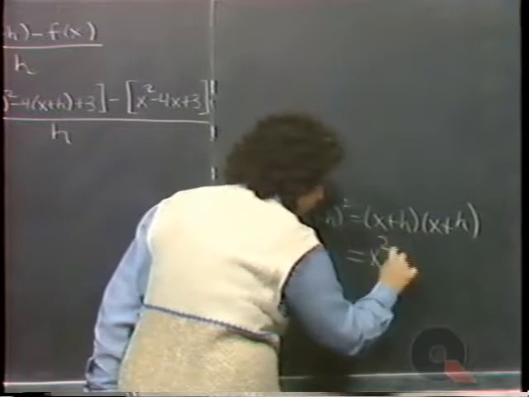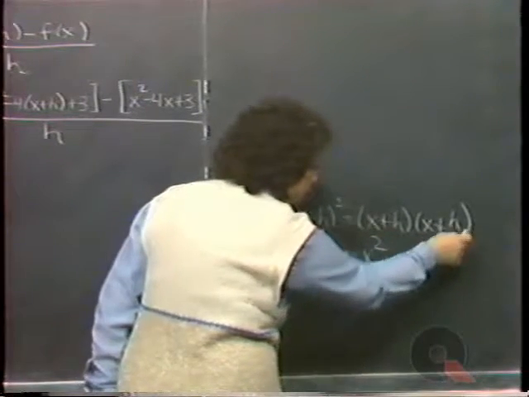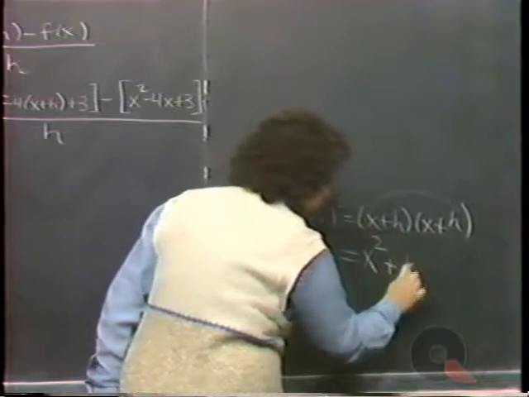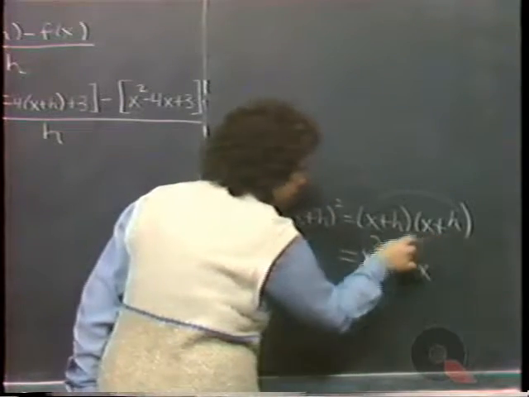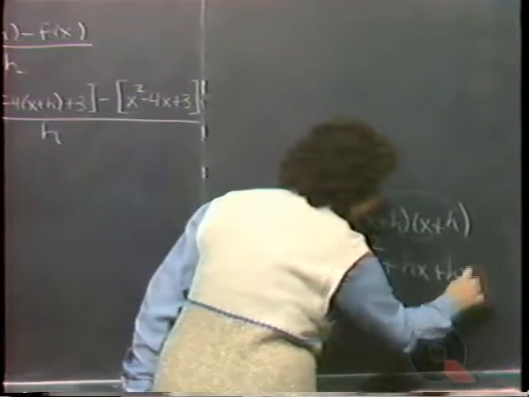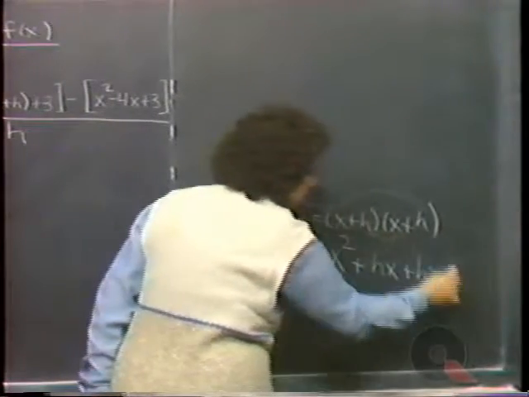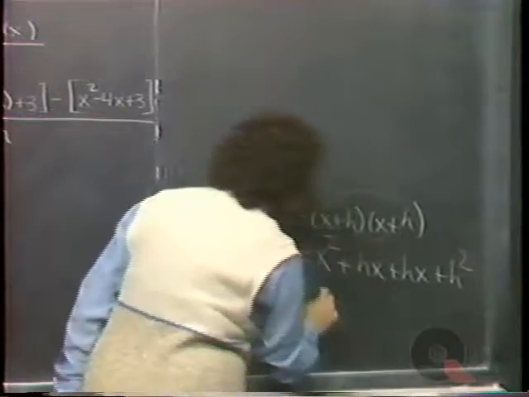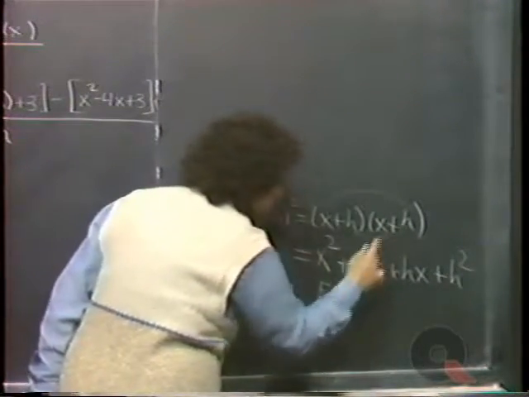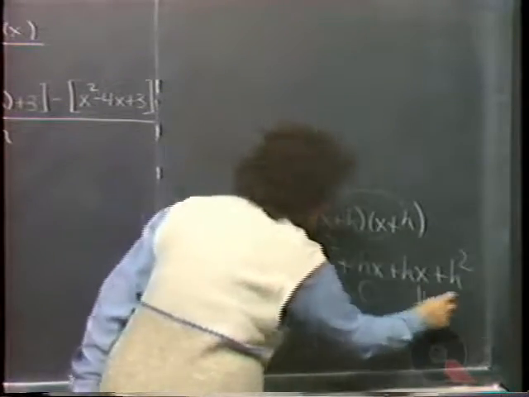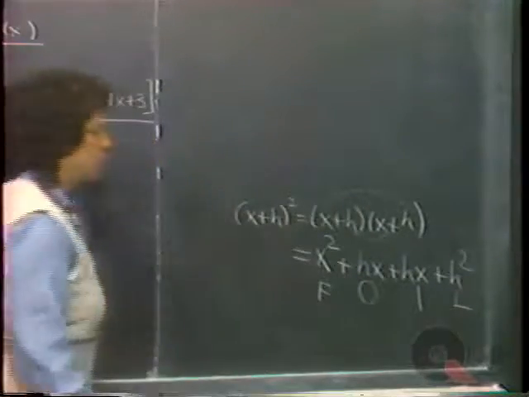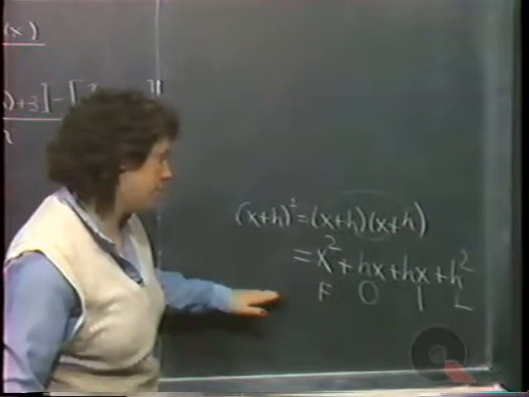First, x squared, the outer, plus hx, the inner, plus hx, and the last, h squared. The first terms, the outside terms, the inside terms, and the last terms. The so-called FOIL method for multiplying binomials.